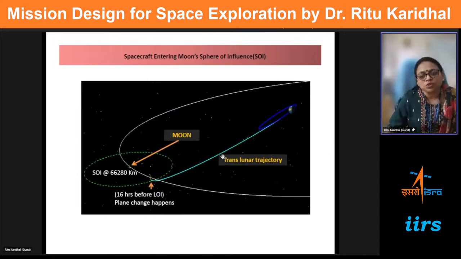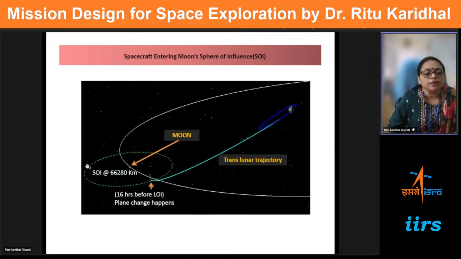See what happens: you would have heard that the force is inversely proportional to r square, the distance square. So as we move away, the force of gravity reduces, but as we go nearer to the moon, its force of gravity increases. At a certain point, it is called the sphere of influence.